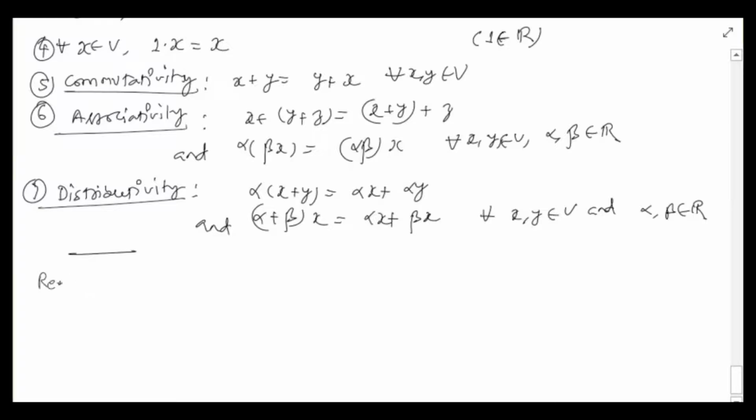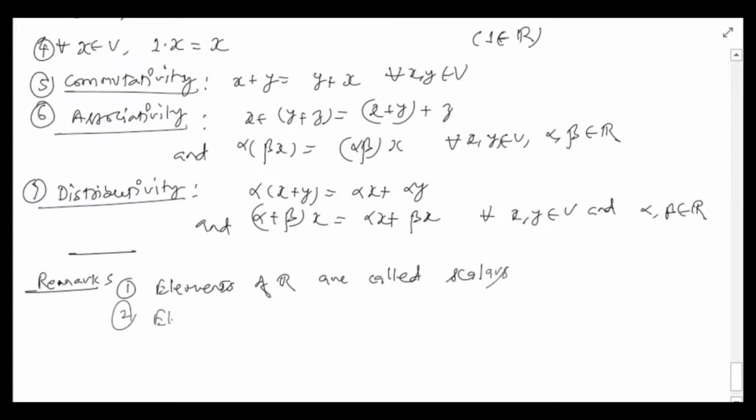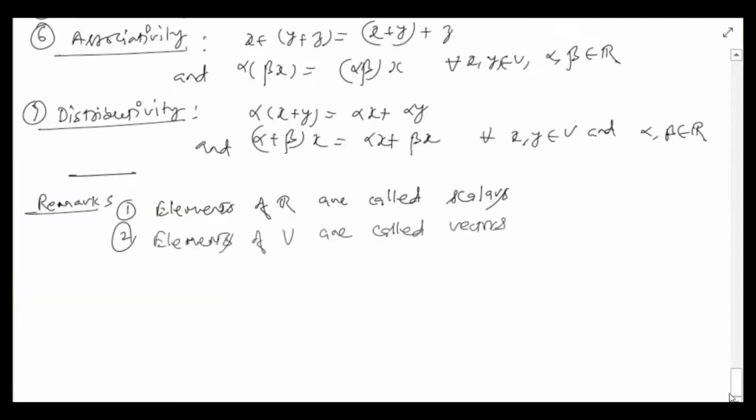So here is a remark, rather I'll put a couple of remarks. Elements of R are called scalars and elements of V are called vectors. Just the way we define vector spaces over R, we could similarly define vector spaces over C, that is set of complex numbers.